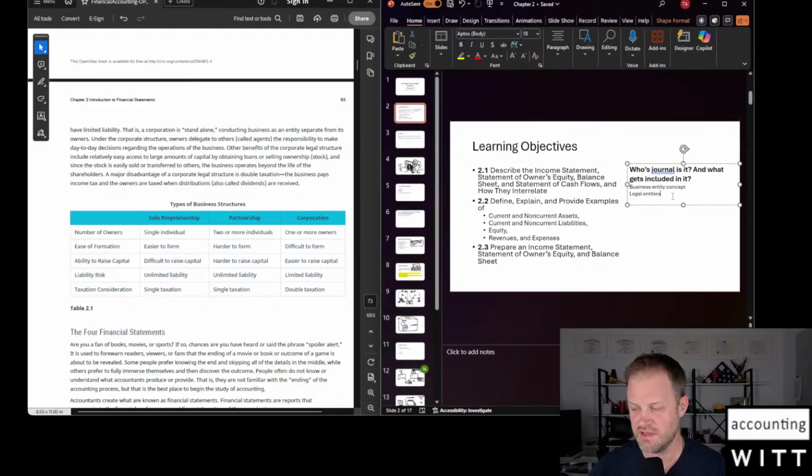Then, next is when the story is told, or how is the story told? With the standard financial statements.